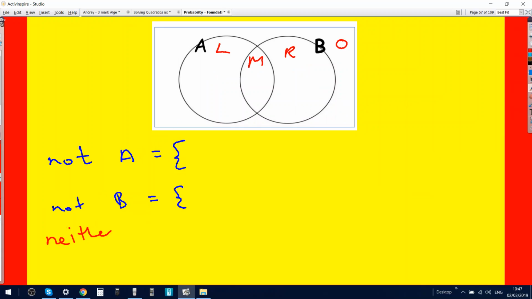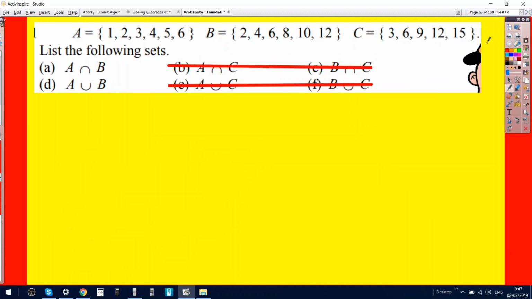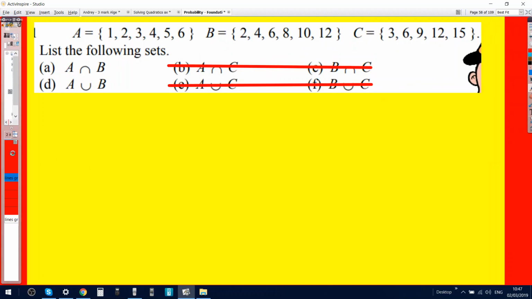Is it R dash? What regions are not in A? R and O. Not in B? L and O. And neither A nor B. Yes, got it.